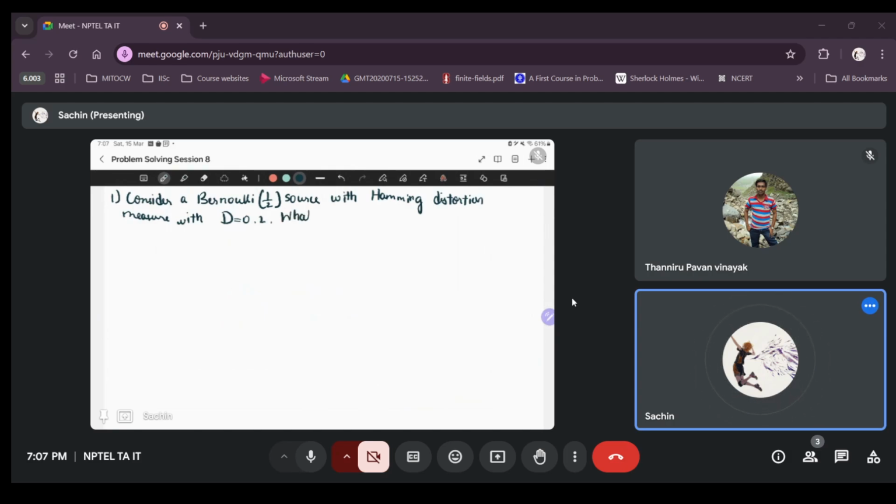What is the rate distortion function for this source?